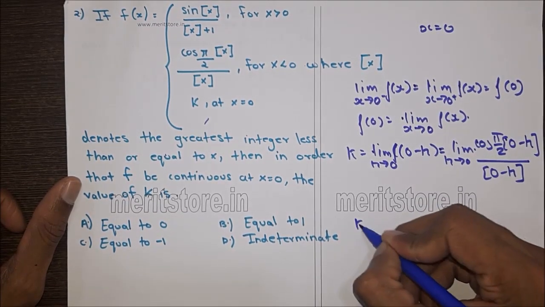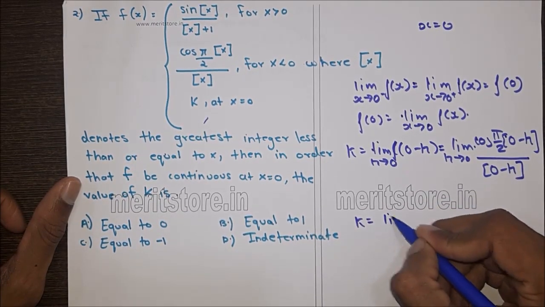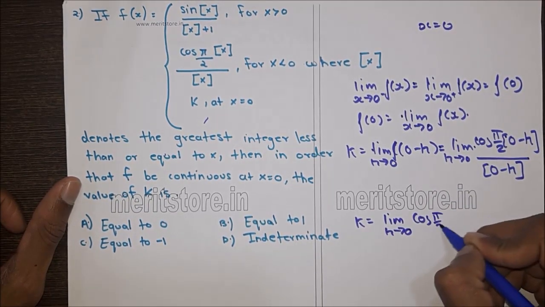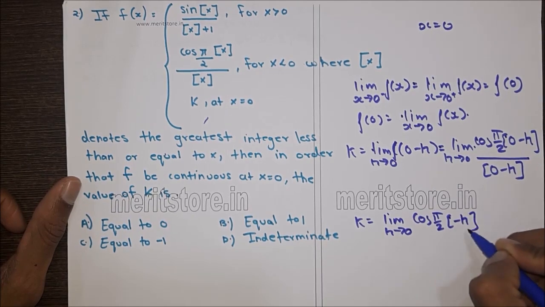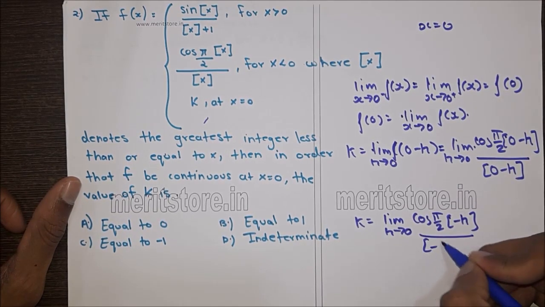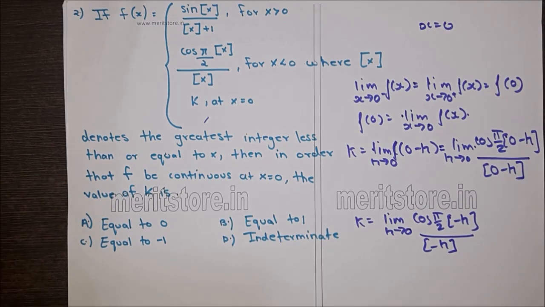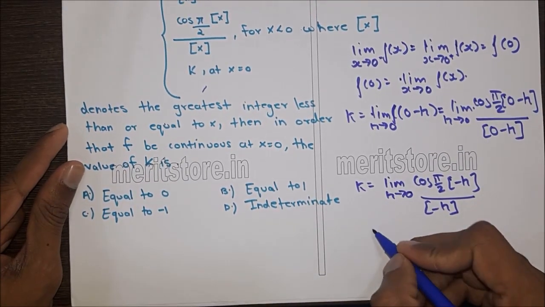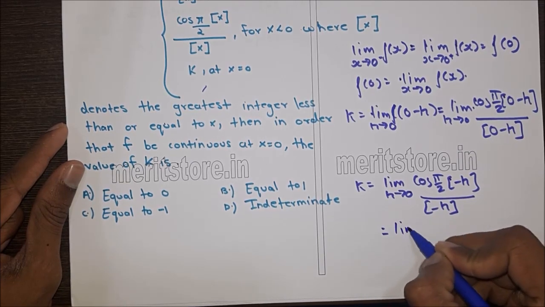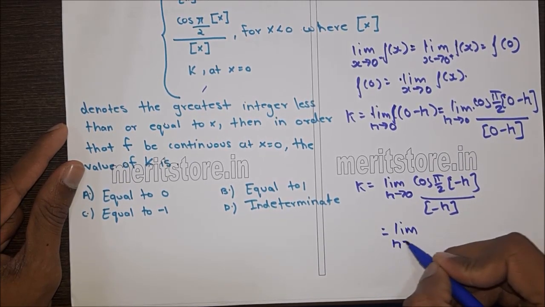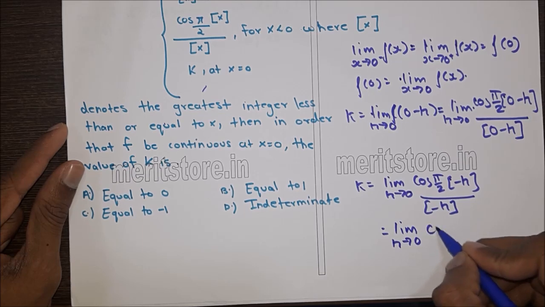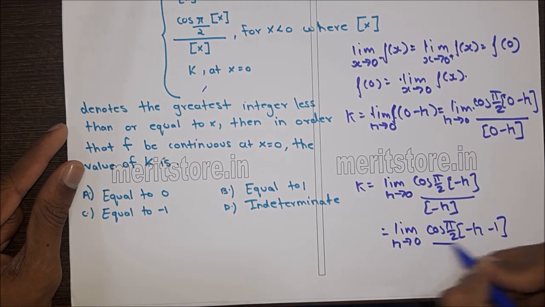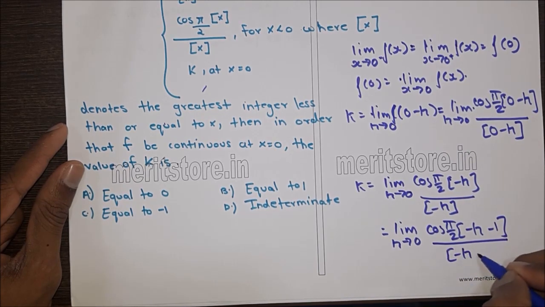Solving further, we can write k equal to limit h approaches to 0 cos pi by 2 bracket minus h upon minus h. For solving, we get limit h approaches to 0 cos pi by 2 minus h minus 1 upon minus h minus 1.